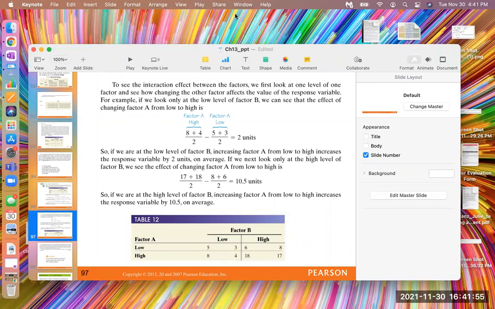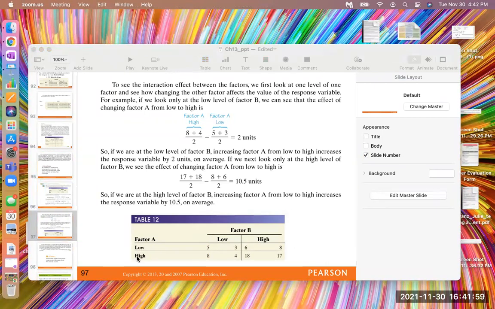So for a second, they're like, I want to see what happens to factor A if we ignore the high level of B for a second, and we're just focused on what happens to factor A as we go from high to low if there was no high factor of B, right?